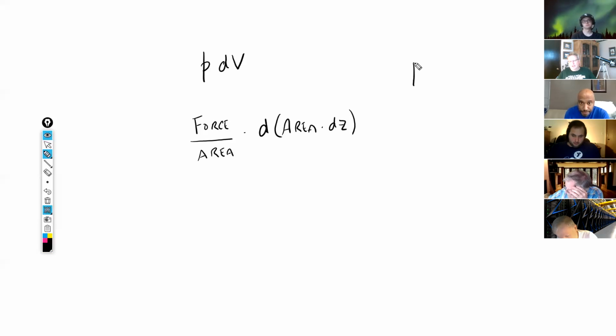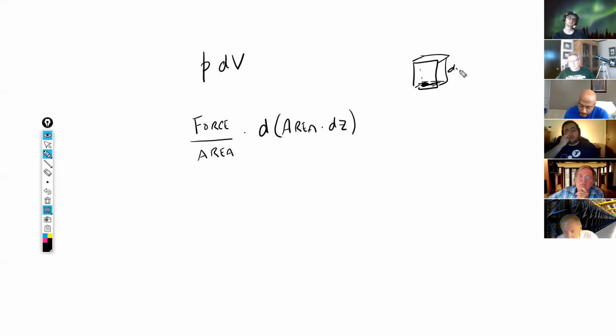If I took a box of air, isn't it just whatever that area faces down here times dz? But if that area is a constant, what can I do with this derivative? Pull the area out, and then it cancels with the area down there.